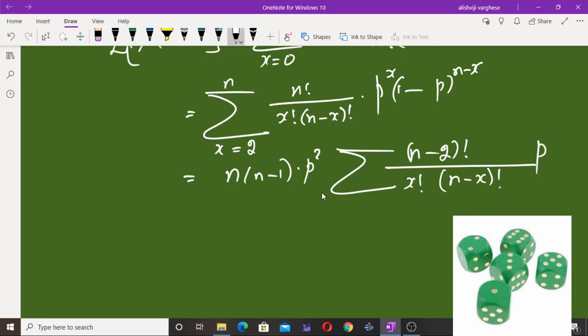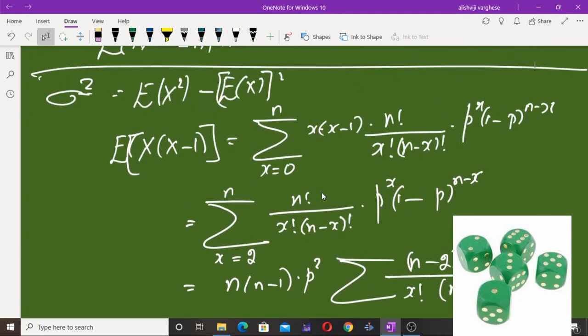One more thing we have to do here: this x and x factorial will get cancelled, and x minus 1 in the x factorial will get cancelled, and what remains in the denominator is an x minus 2 factorial.